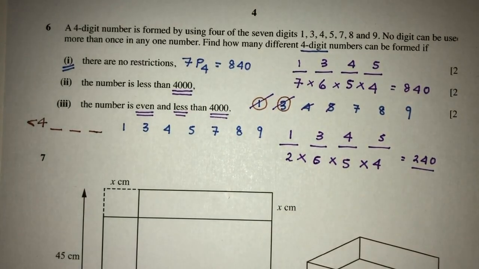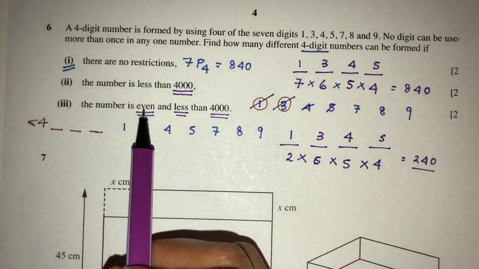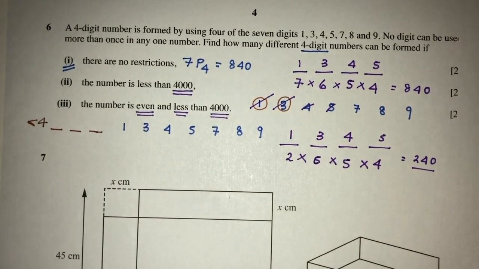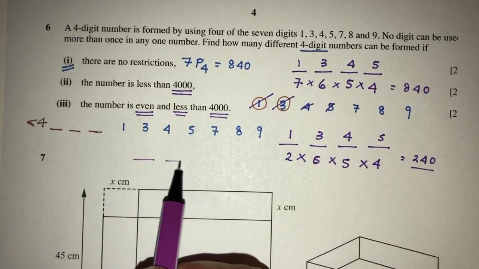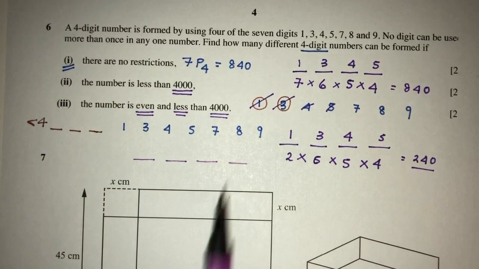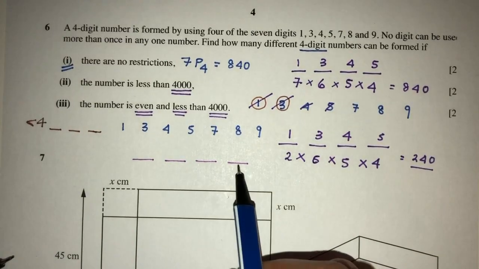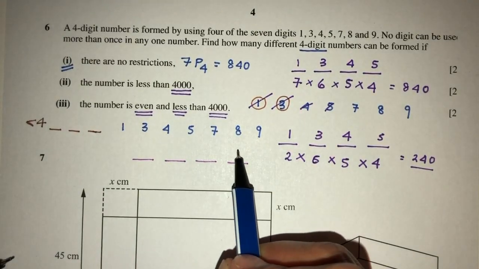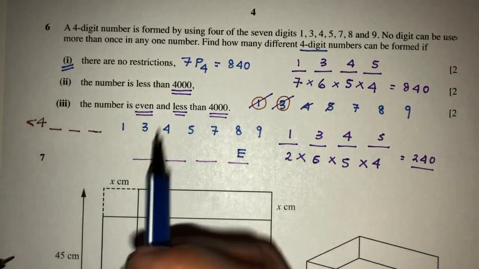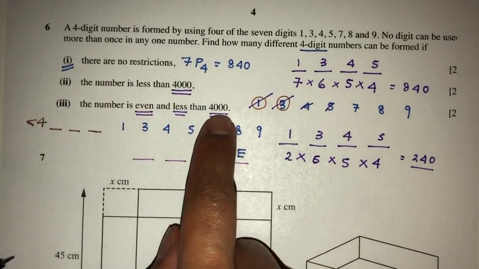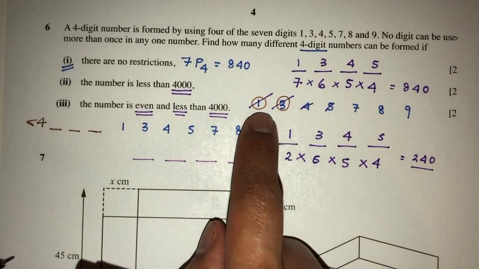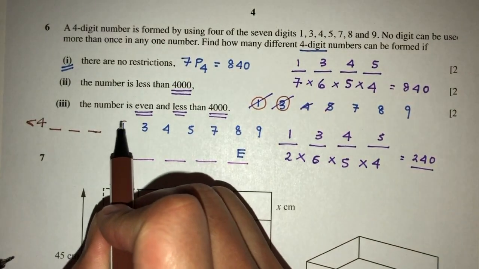Now, for your number to be even, we know that it has to end with an even number. So basically, we have to form a 4-digit number, and the last digit has to be even. Now we know that for it to be less than 4,000, it has only 2 ways of beginning.